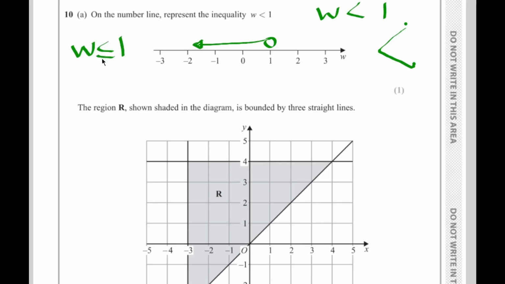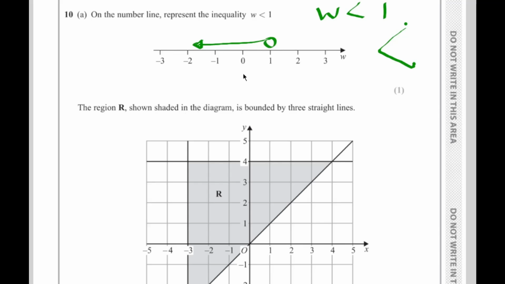To write this one, I have to spend more ink, right? To write smaller than or equals, and to indicate it you have to spend more ink shading the circle as well. Since there is no equal sign here, you just write an open circle, not the shaded one.